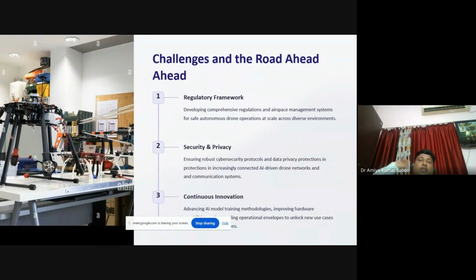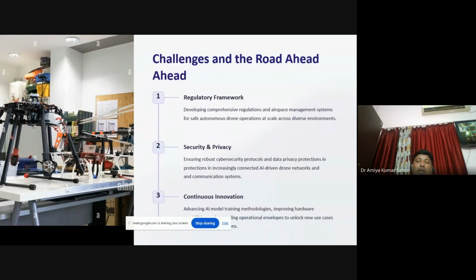Challenges on the road ahead: regulatory framework, security and privacy, continuous innovation. Developing comprehensive regulations and airspace management systems for safe autonomous drone operations at scale across diverse environments.